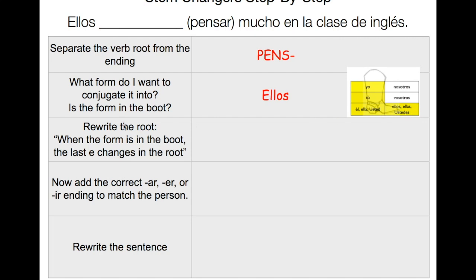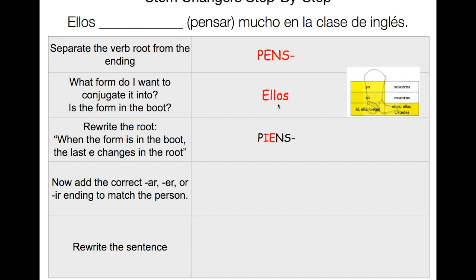Now rewrite step 3. Rewrite the root. When the form is in the boot, the last E in the root changes to IE. We have ellos is in the boot, so we change the E to IE. And we have now the stem piens. Now add the correct AR, ER, or IR ending to match the person.